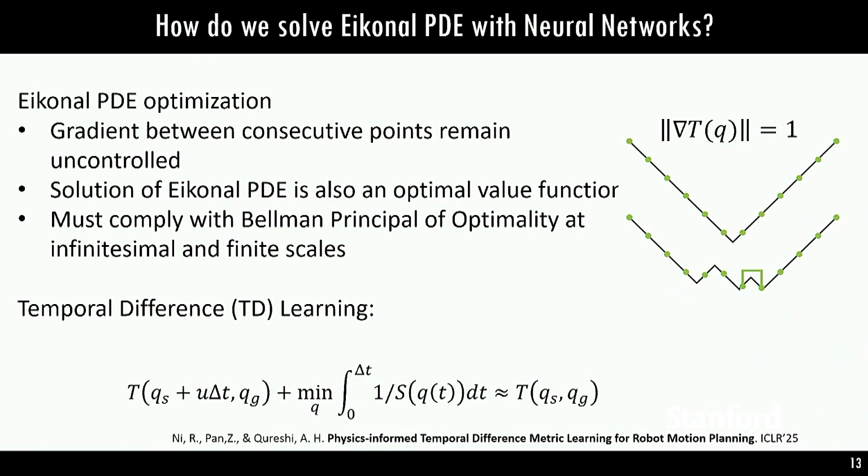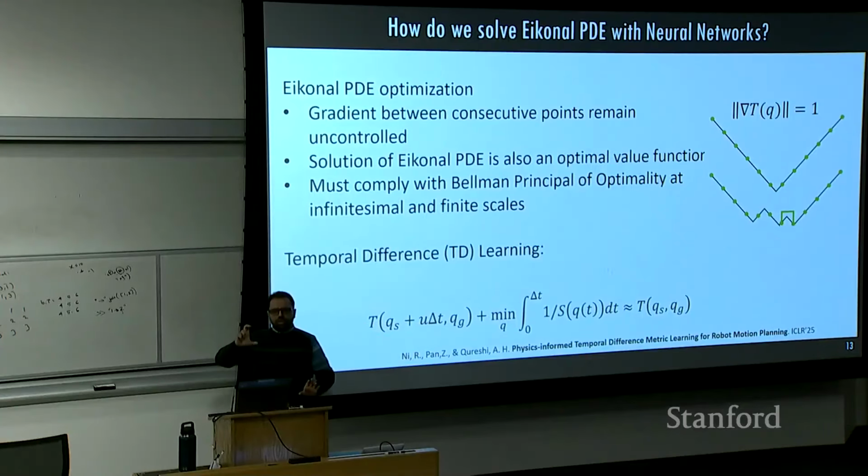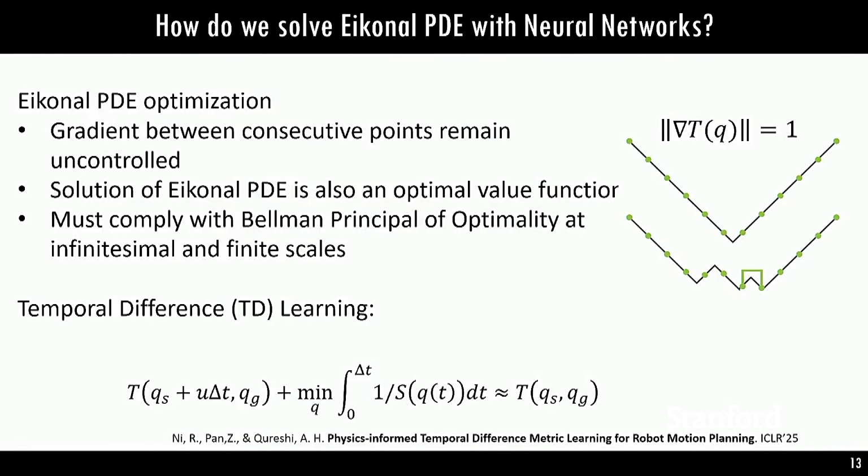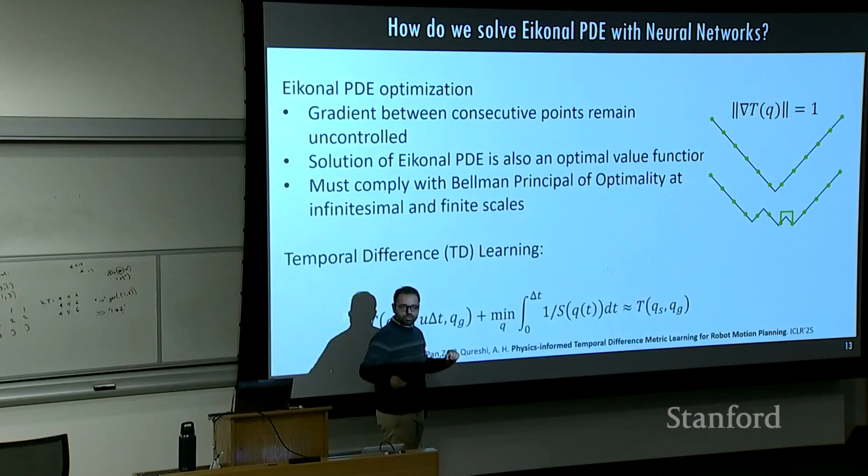So when you combine this temporal difference learning, in our paper, we show how you can analytically compute this u. So how can you perturb this QS in a direction that will give you the next consecutive state? So basically, this u is, short answer, just the gradient of your travel time. So you move a small step in the direction of the gradient of your travel time.